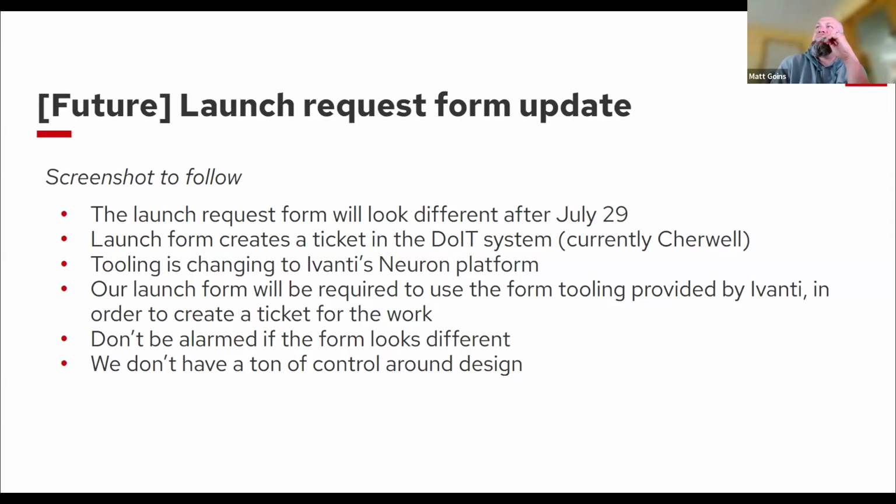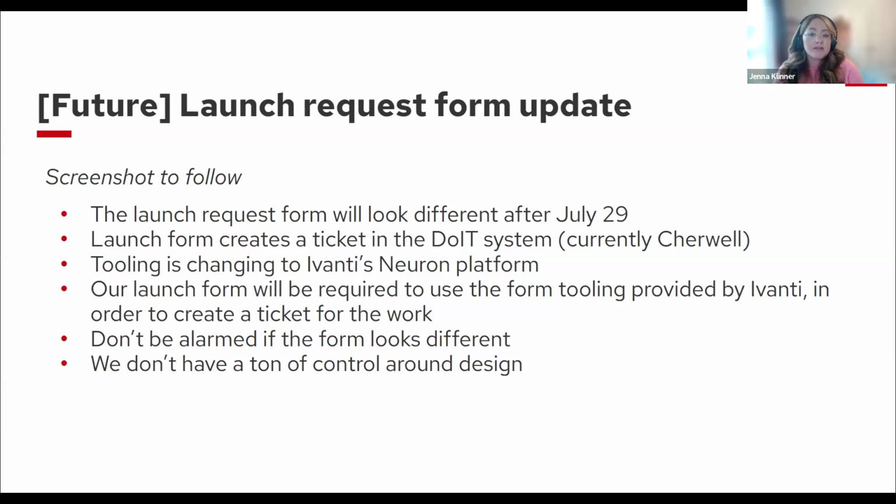So the next thing that I queued up earlier with the agenda is the launch request form update. I will show a screenshot momentarily, but our launch request form is going to look a little bit different after July 29th. The reason is that form creates a ticket in our support ticketing system known as Sherwell, and Sherwell is being replaced by something called Avanti Neurons in the future.